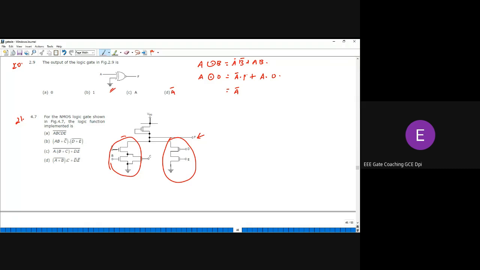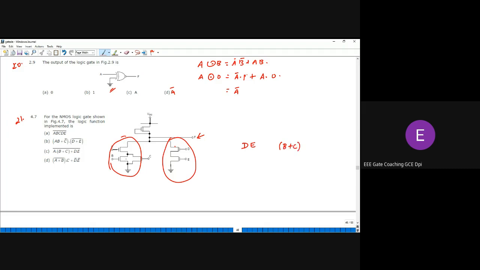Parallel means you have to add, and series means you have to multiply. So D and E are in series, so D and E can be multiplied. Similarly, B and C are in parallel, so B plus C. Okay.